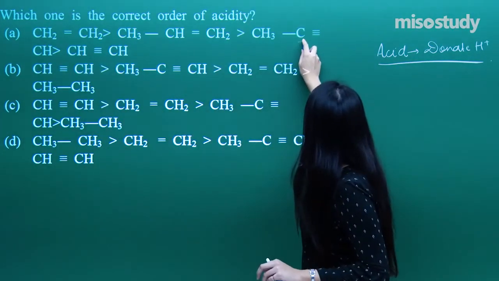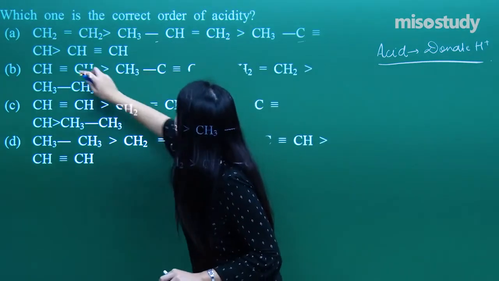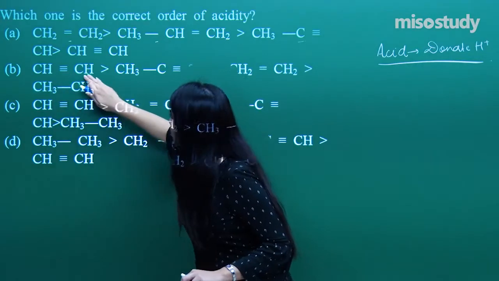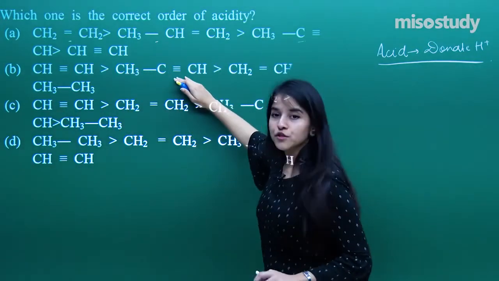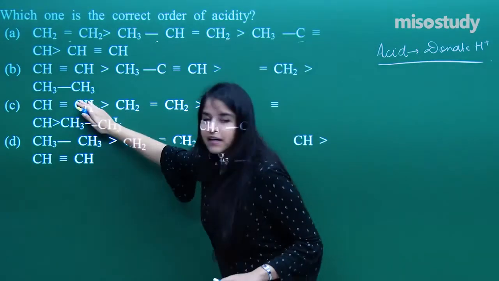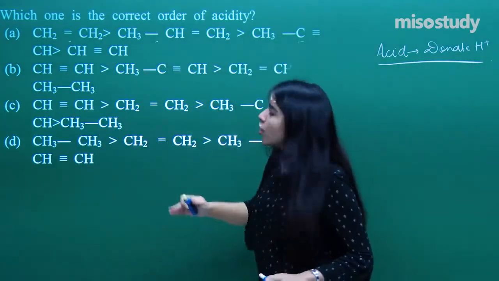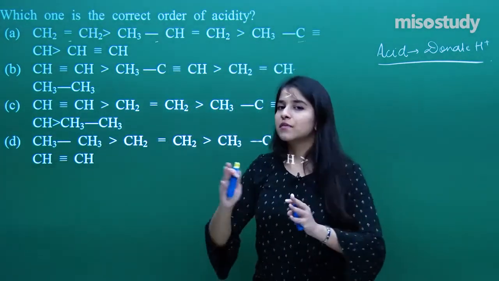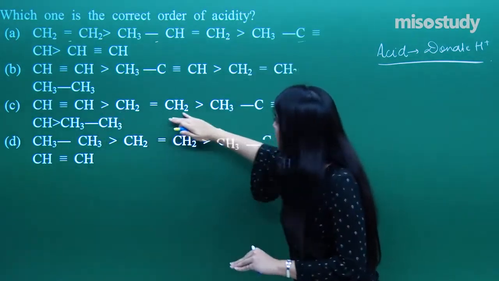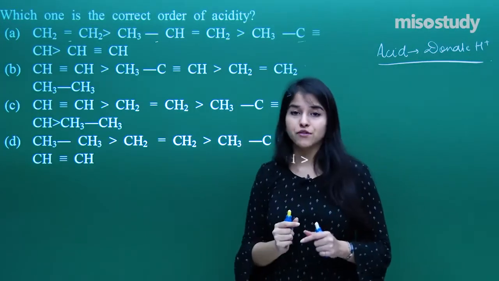So I've got alkynes and alkenes. Over here I've got acetylene, propylene, ethene, ethane. None of the options has similar kinds of molecules, but if you observe, there may be some different kind of molecules given in each and every option.